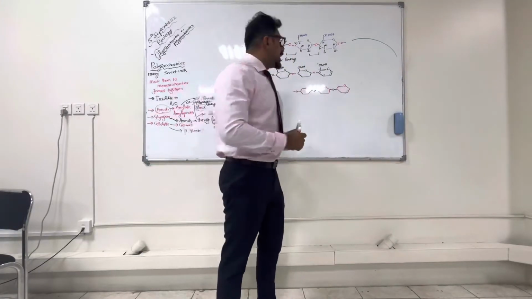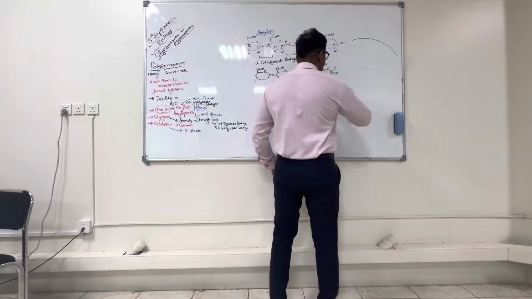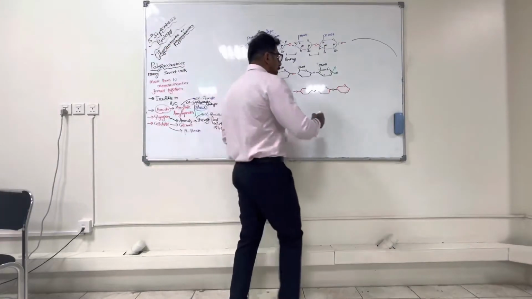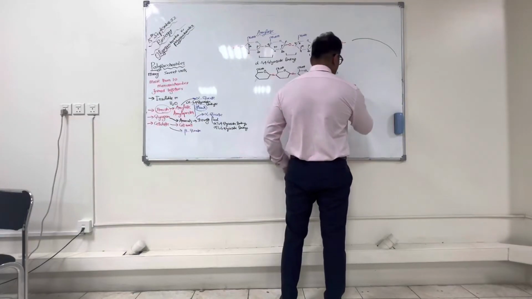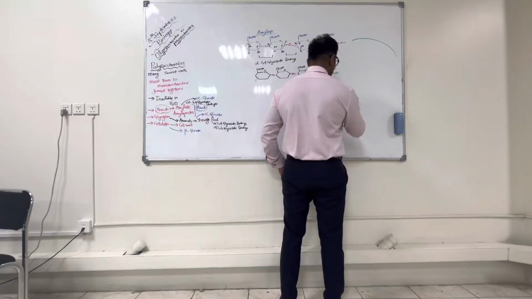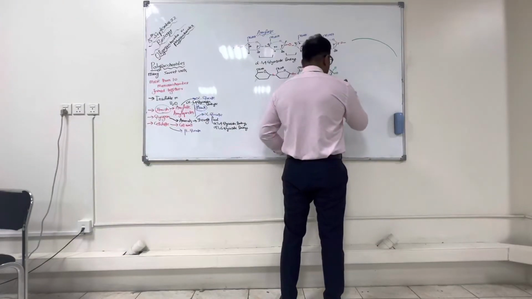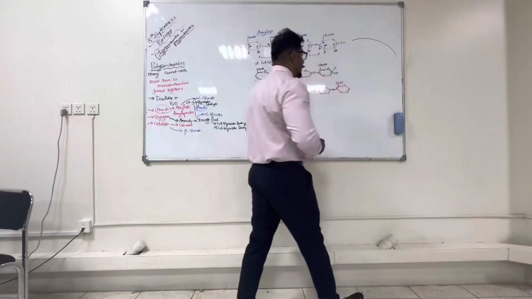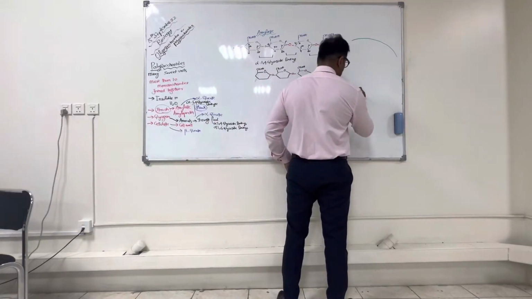On carbon number 1 there is hydrogen over here, hydroxyl over here. Let me use the blue color: 1, 2, 3, 4, 5 and this is the 6th carbon, CH2OH. And remember that over here we have hydrogen, hydroxide.